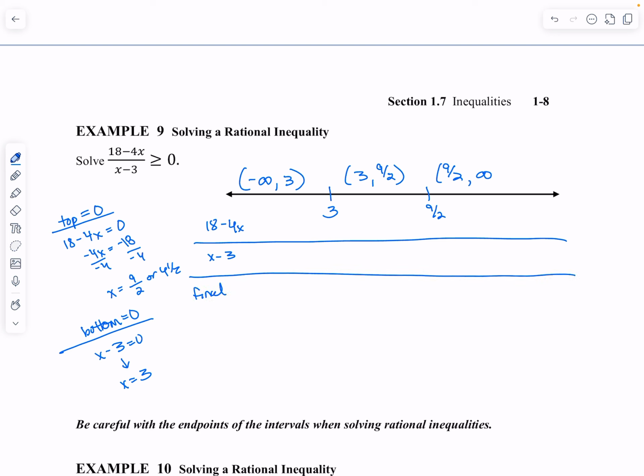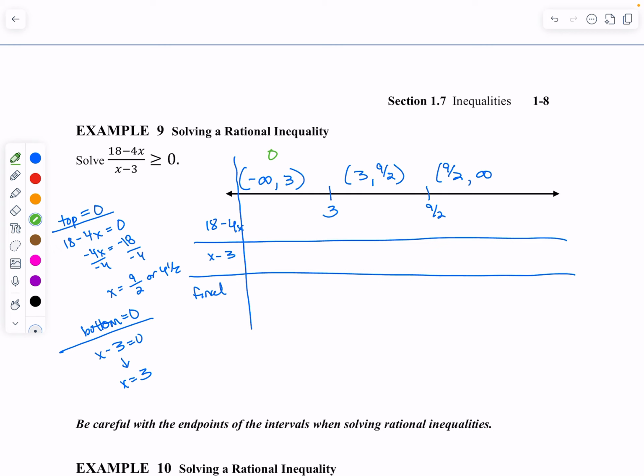Let's plug in a number between negative infinity and 3, so that will be 0. When I plug in 0 on the top, I get 18 minus nothing, so that's positive. Don't write 18, just positive. On the bottom, 0 minus 3 is a negative. So my final sign is a positive divided by a negative, which is a negative.